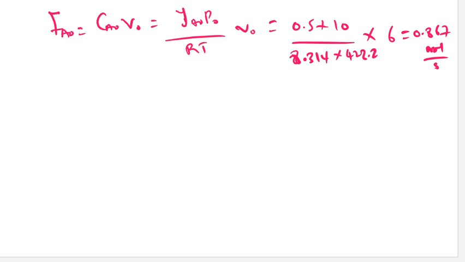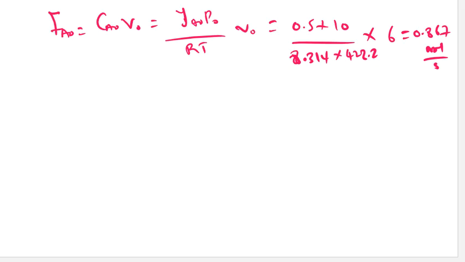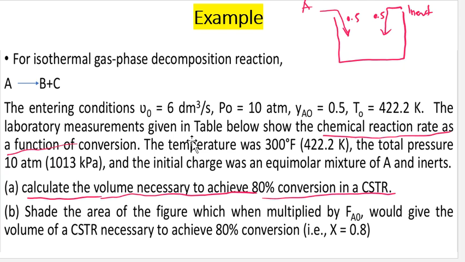So now that we know FA naught, we are left to get the volume that we are asked to calculate. What is the volume? V equals FA naught X divided by minus RA. What is FA naught? 0.867. What is our X? 0.8, because we are asked to calculate at 80% conversion.